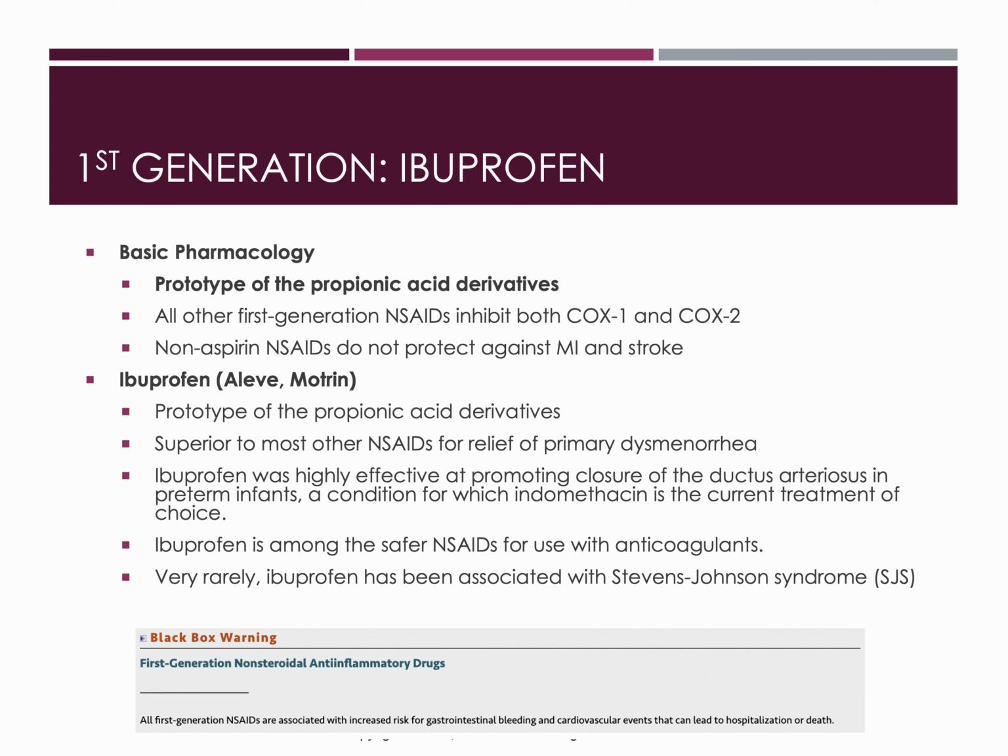But in contrast to aspirin, remember, aspirin causes irreversible inhibition of COX. These traditional NSAIDs can reversibly inhibit COX. So all of these drugs will have anti-inflammatory characteristics, analgesic, and antipyretic properties.